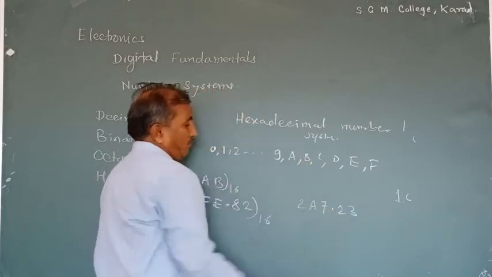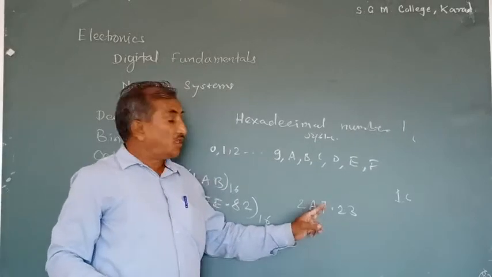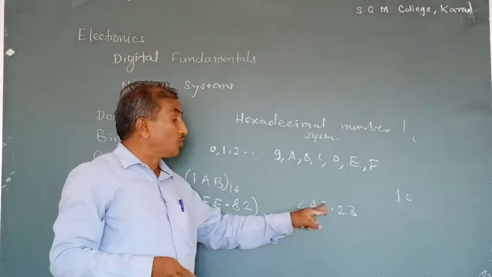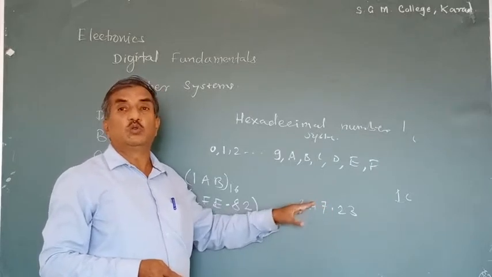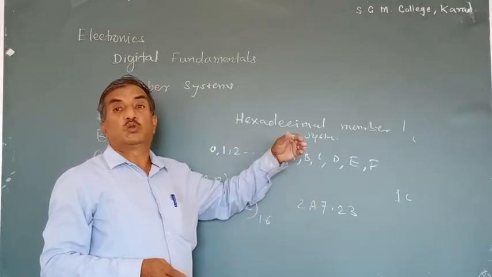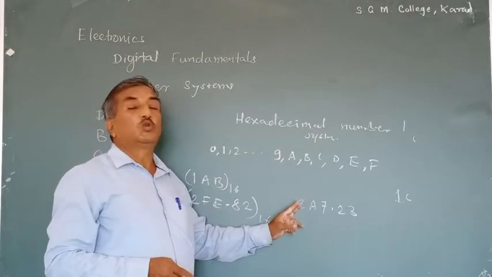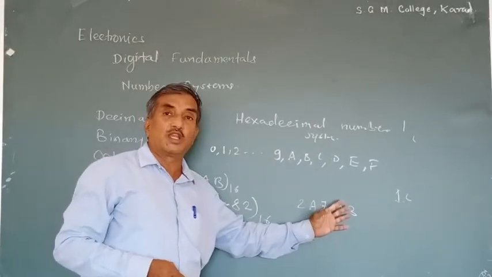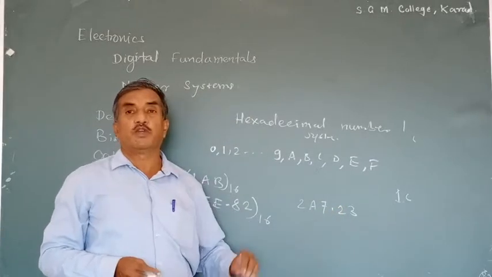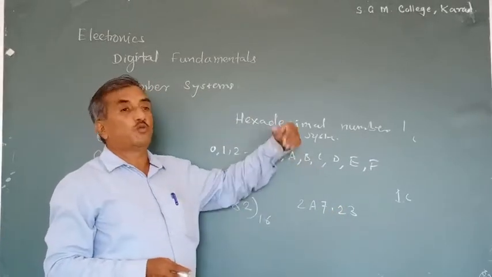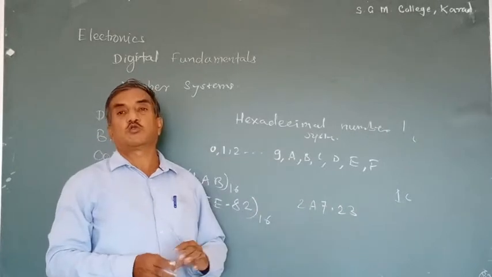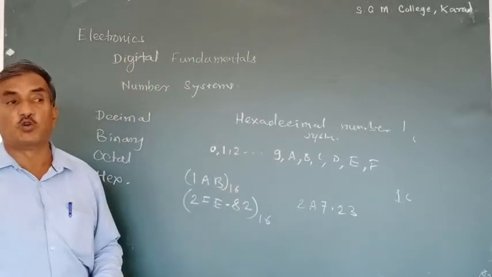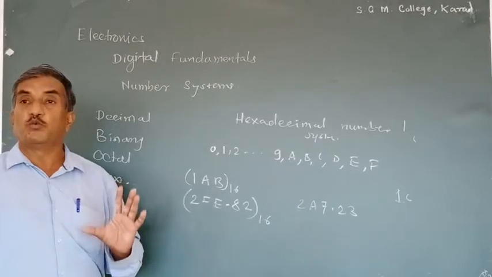This 7 has the positional weight 7 into 16 raised to 0, the base raised to 0. A into 16 raised to 1. This 2 into 16 raised to 2. Even in the fractional part, this 2 has a positional weight, 2 into 16 raised to minus 1, and 3 into 16 raised to minus 2. In this way, the hexadecimal number system also has positional weights.